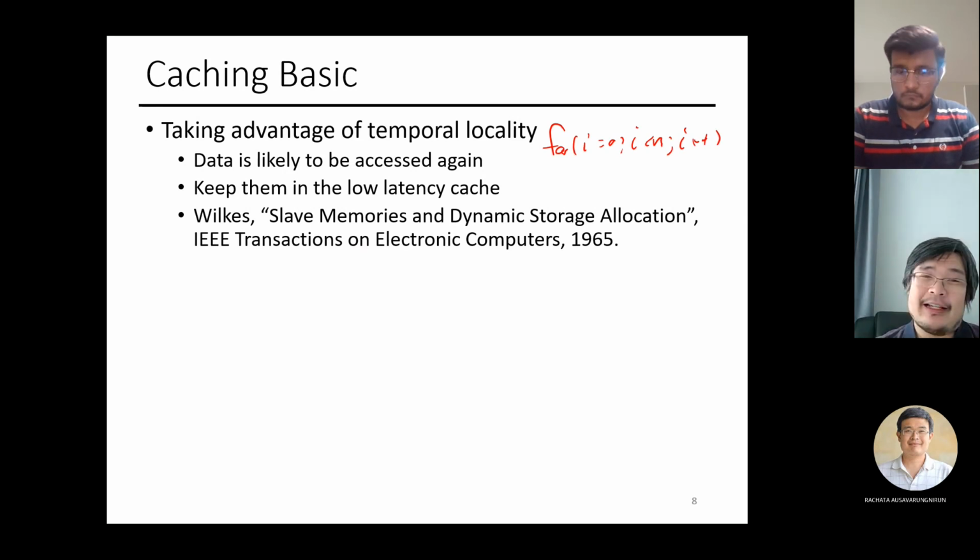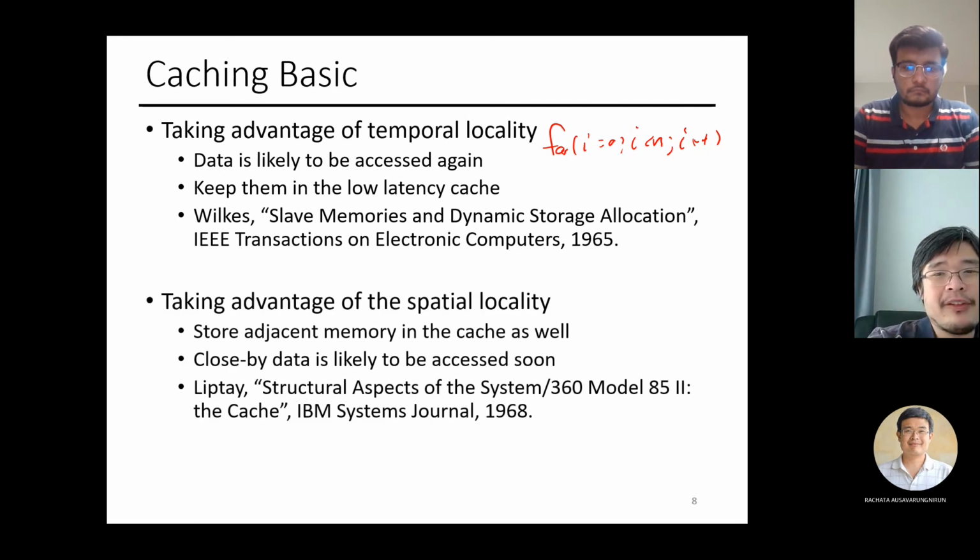I guarantee that I'm going to have to access the values of i and n all the time, because it has temporal locality. I use something, it's likely I have to access it again. So the idea is, you can keep them in the fast cache, if most workloads exhibit this pattern.